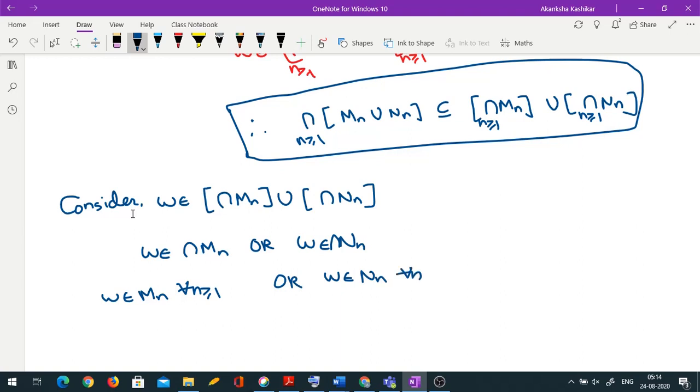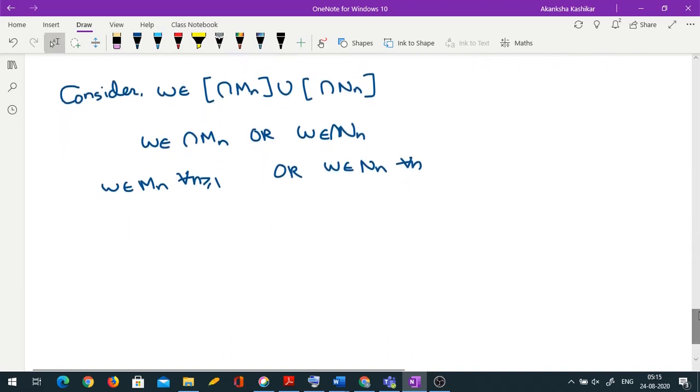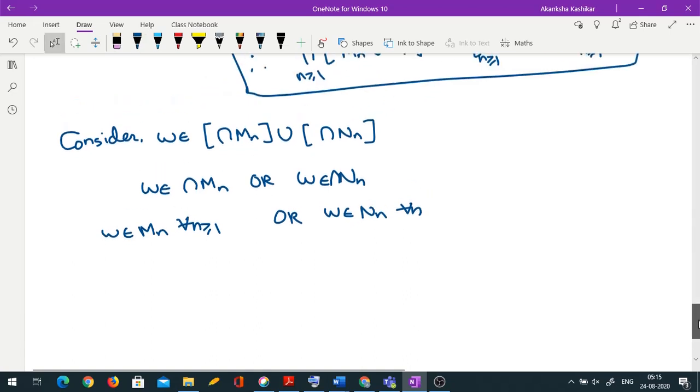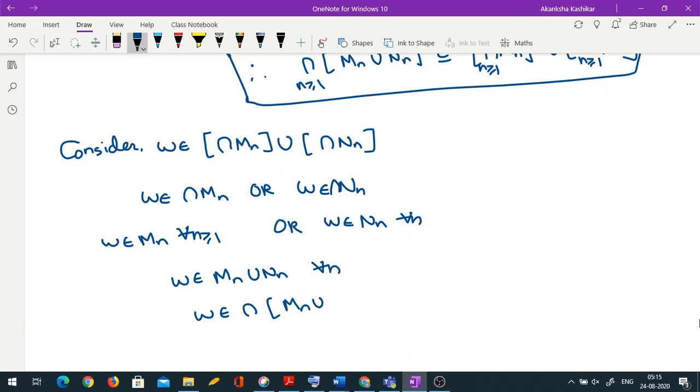Of course, there is a third possibility that it is in both Mn and Nn, but right now let's not worry about that. So what does this mean? This means that omega belongs to Mn union Nn for every n, and hence omega belongs to the intersection of Mn union Nn for every n.